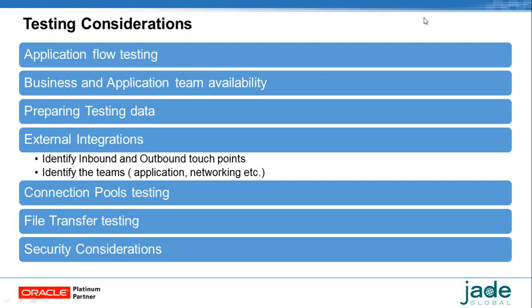And you have to also perform connection pools testing. And if any file transfers are involved in your organization between applications, application to application, or business to business, even in B2B cases, you do file transfers. So you have to make sure that file transfers are working fine, and you need to also consider any security-related issues, because in OWSM inside SOA Suite, we have a guide available to configure the different policies.